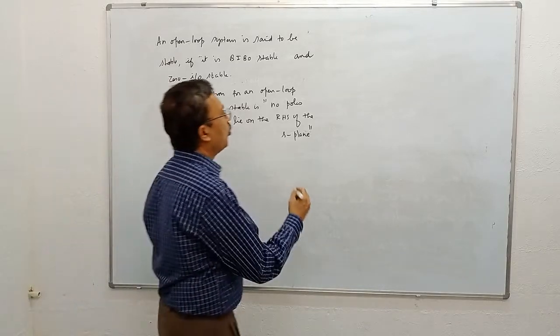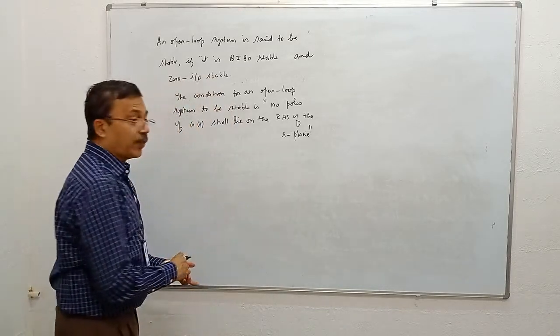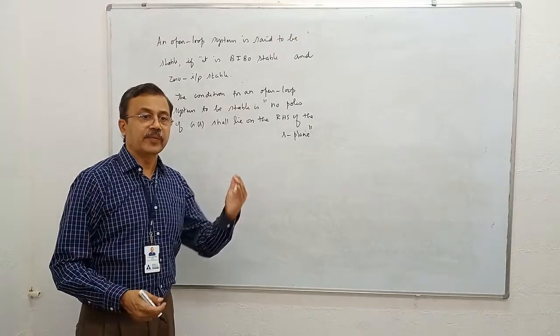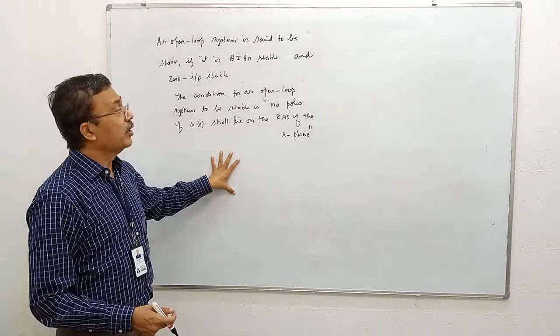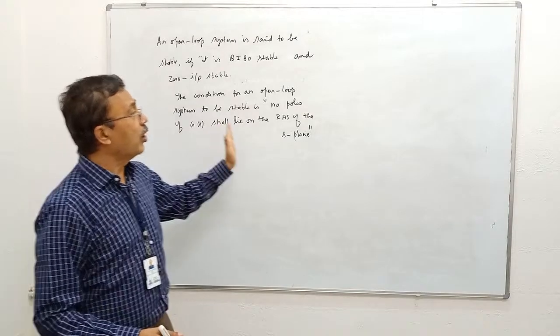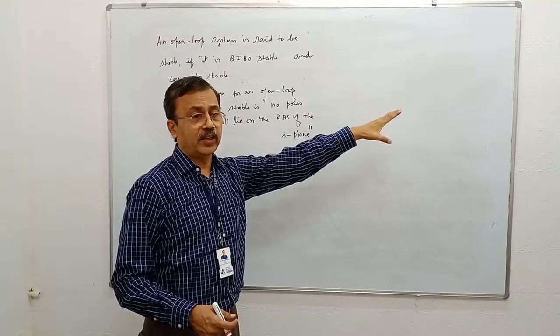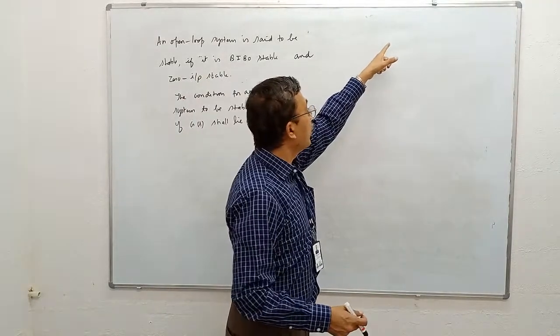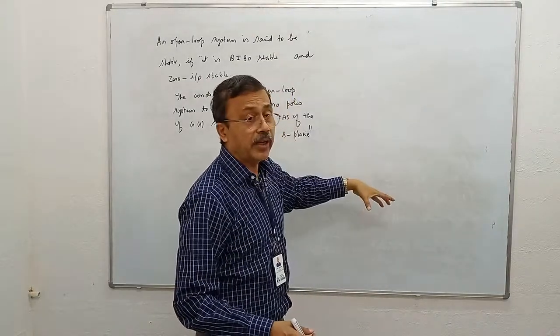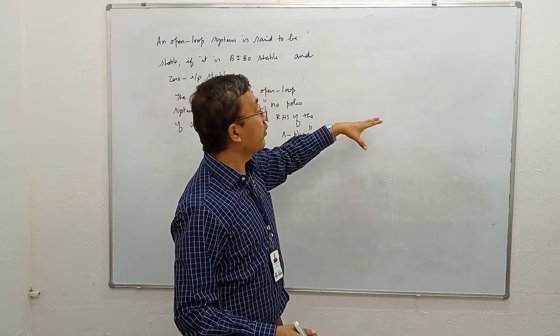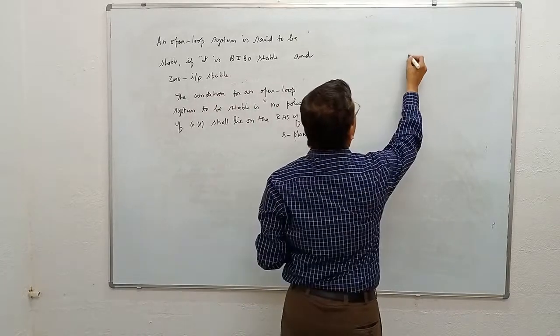Next, I will tell you what is marginal stability or limited stability. A system is said to be marginally stable if no poles of G of S lie on the right hand side and the remaining poles lie on the J omega axis non-repeatedly.